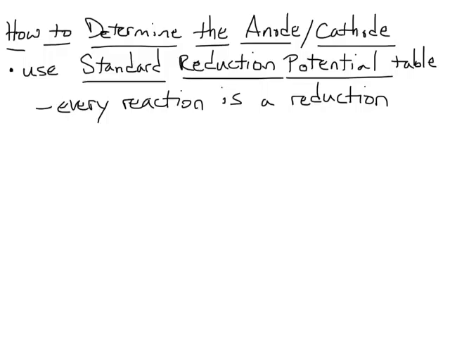If I wanted to look up an oxidation, you would look up the reduction and then you could reverse it. Remember, oxidation and reduction are opposites of one another. So every reaction that's reported on that sheet and the value that goes with it, we'll talk more about the value, those all stand for reductions. If I want the oxidation, I can look up the reduction and reverse it, and now I have the oxidation.